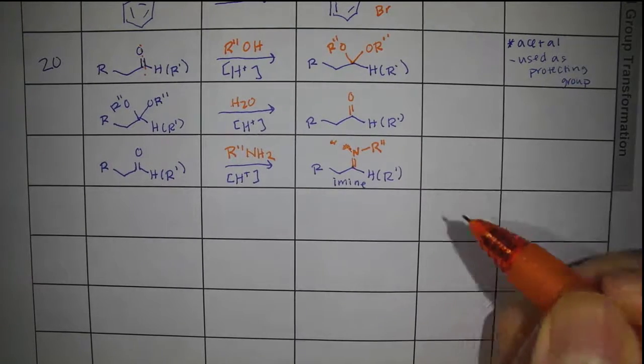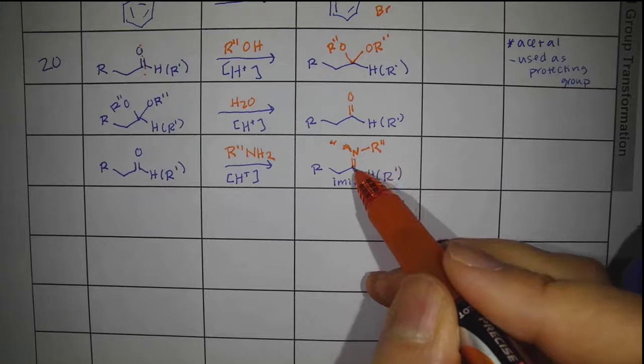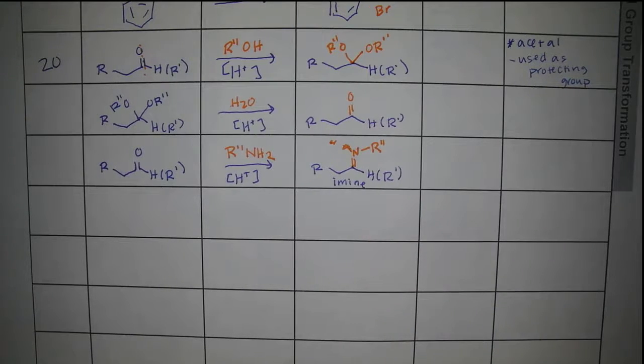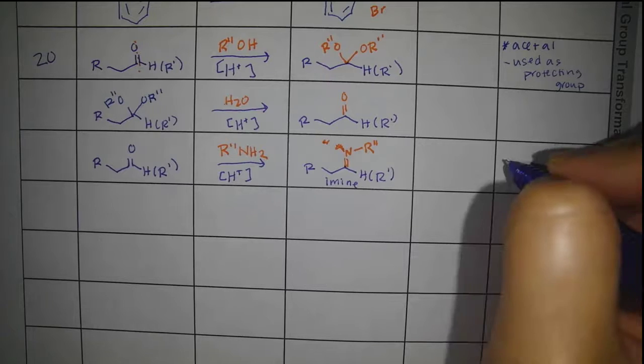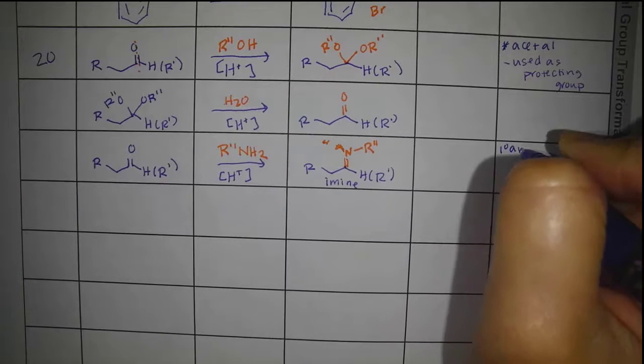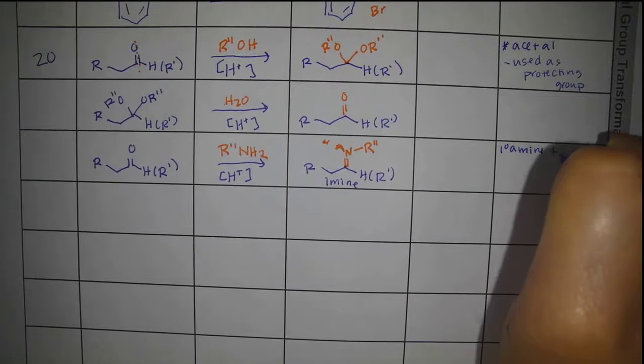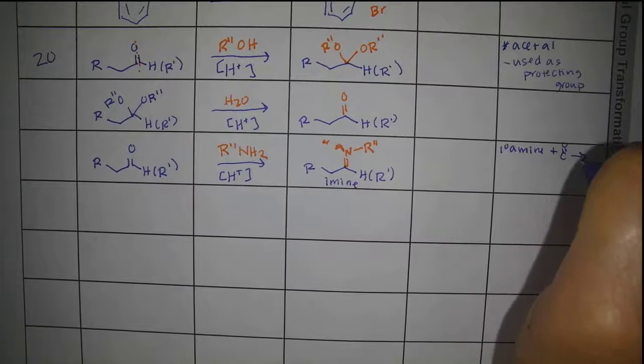It should be N double bond to carbon and then the R prime. Those hydrogens will get picked up in proton transfers. So a primary amine plus a carbonyl gives you an imine.